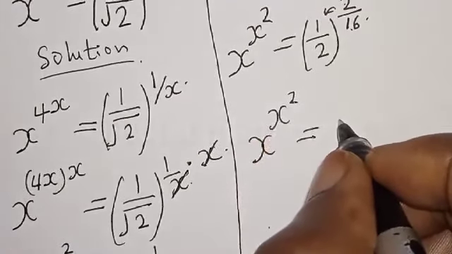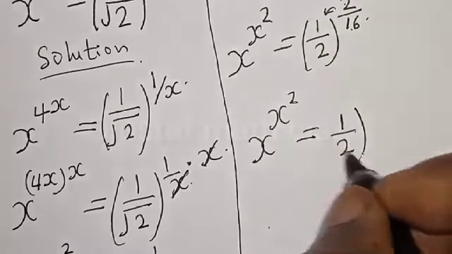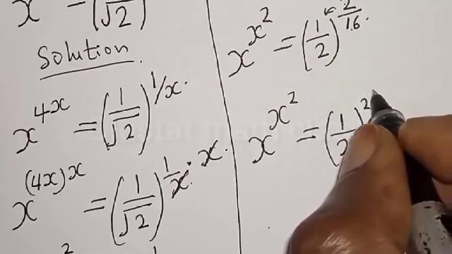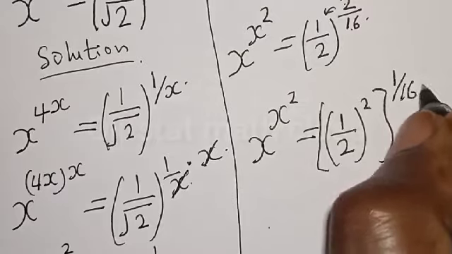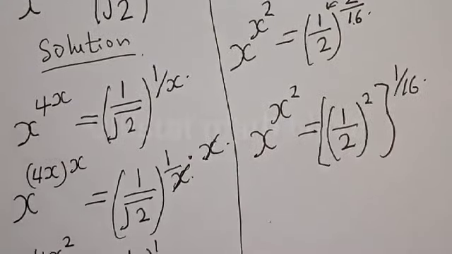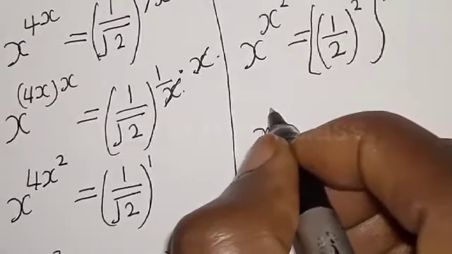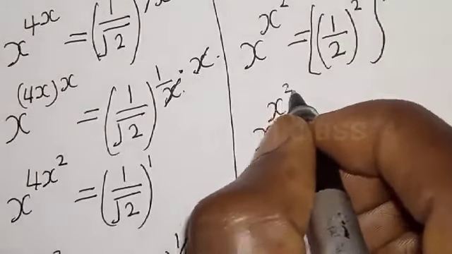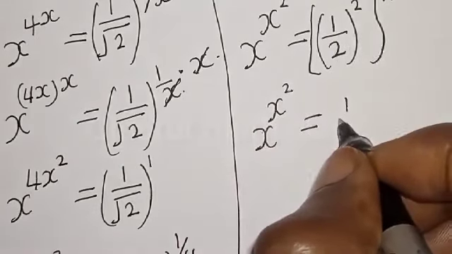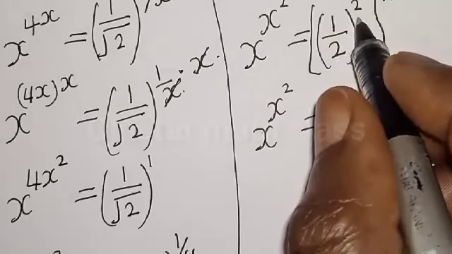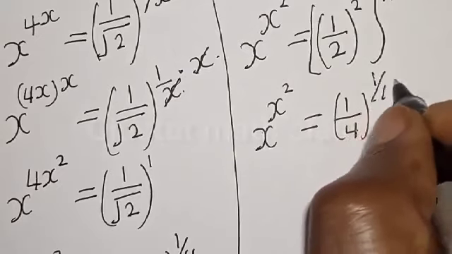equal to 1 divided by 2 all squared, then raised to power of 1 divided by 16. Now, we have x raised to power of x squared will be equal to 1 squared is what? 1 divided by 2 squared, that is 4, raised to power of 1 divided by 16.